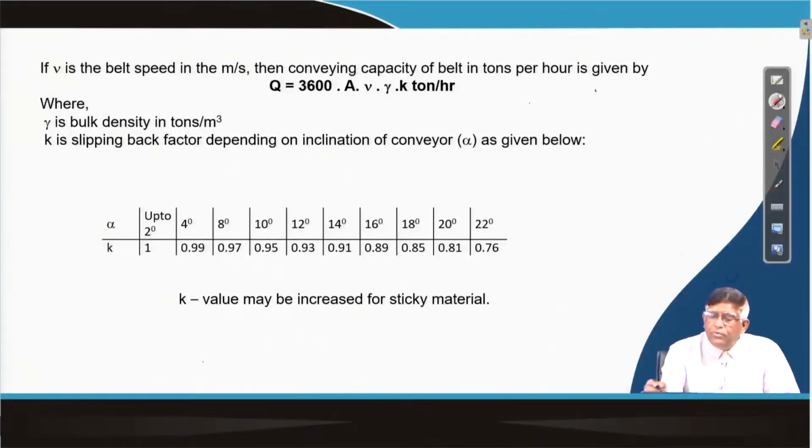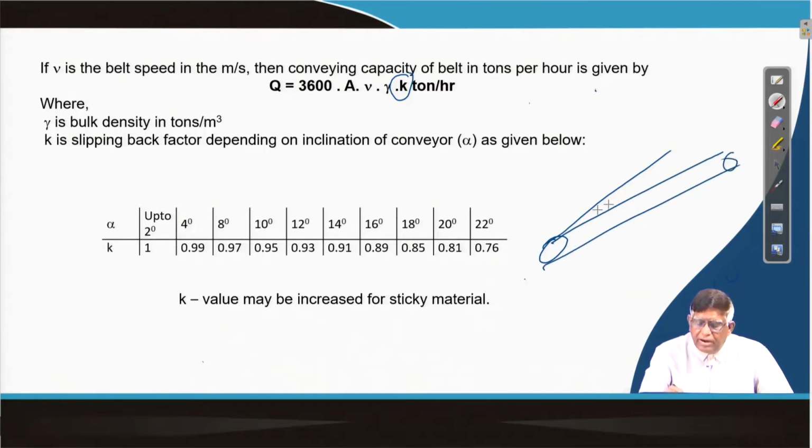Then there is one more factor you can see here, this K, the slipping back factor. Sometimes, while driving, the material adjusts, and at the discharge point there will be some lag, so exactly A V gamma will not be discharged. This factor is important when the conveyor belt has an inclination. When the material goes up, because of its weight it has a tendency to come back down.